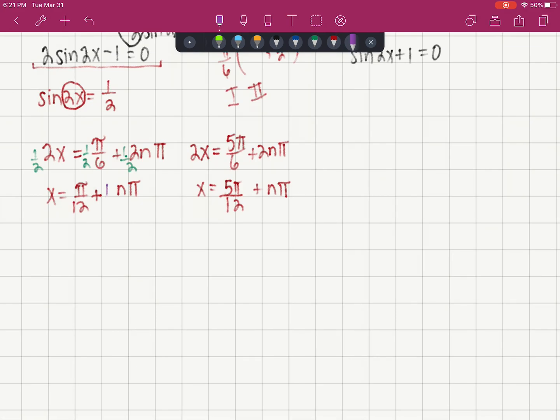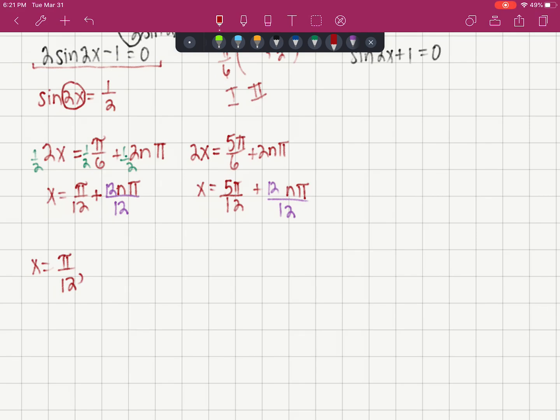Now, I'm going to also get a common denominator. So this is 12n pi over 12, so that it makes it a little bit easier for me when I put these values in. When I put a 0 in for n, x equals just pi over 12. When I put a 1 in for n, the second term is 12 pi over 12.